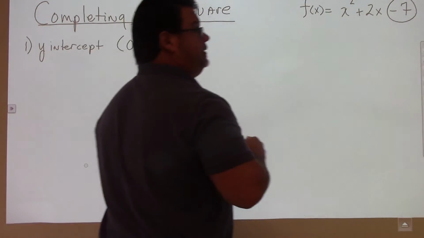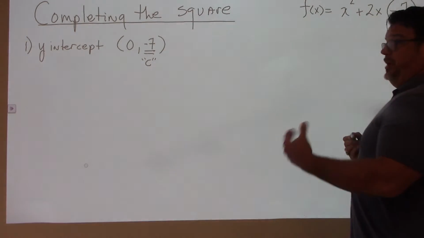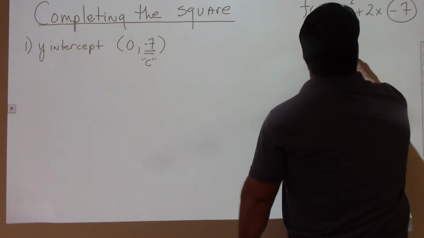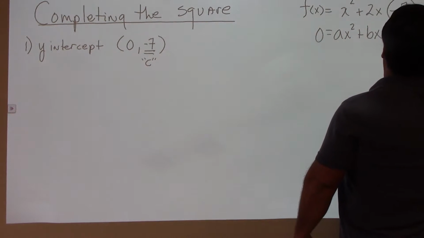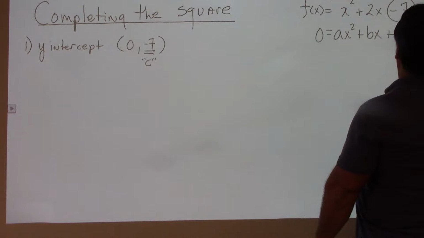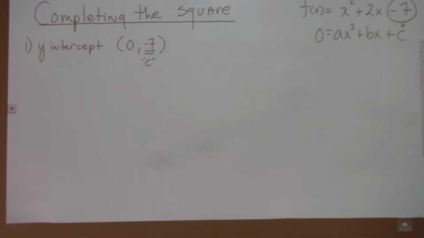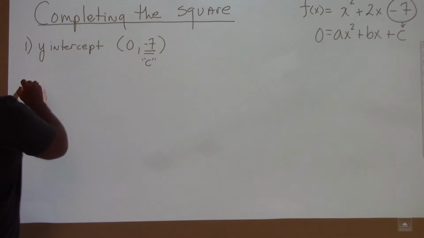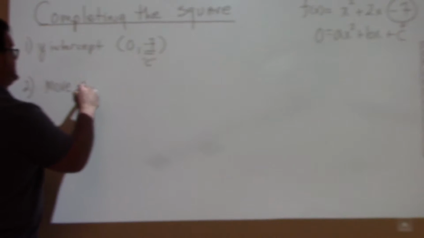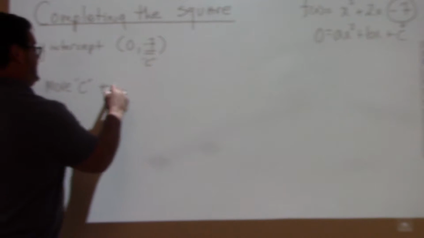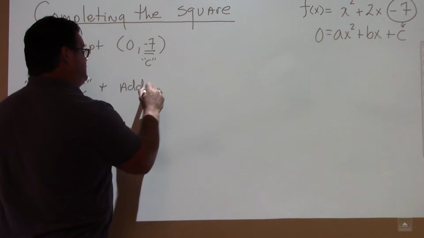Now what do you mean c? Well, a quadratic equation, ax squared plus bx plus c. C is always going to be your y-intercept. So you might want to write that down. 2. After you figure out what C is, move C and add blanks.